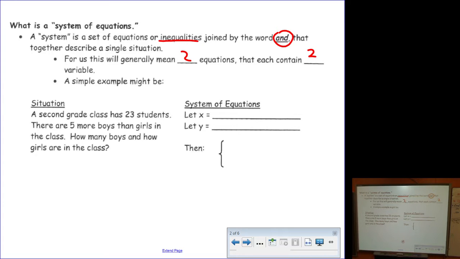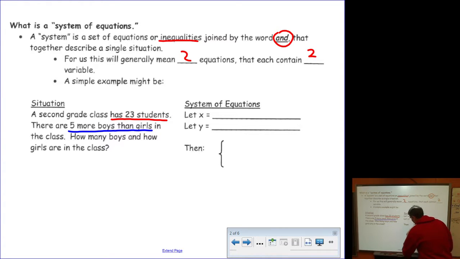Here I have a simple example of a situation that might lead to two equations. A second grade class has 23 students. There are 5 more boys than girls in the class. How many boys and how many girls are in the class? Well, the first thing I would do for this situation is set up two variables. My variables might be x and y.